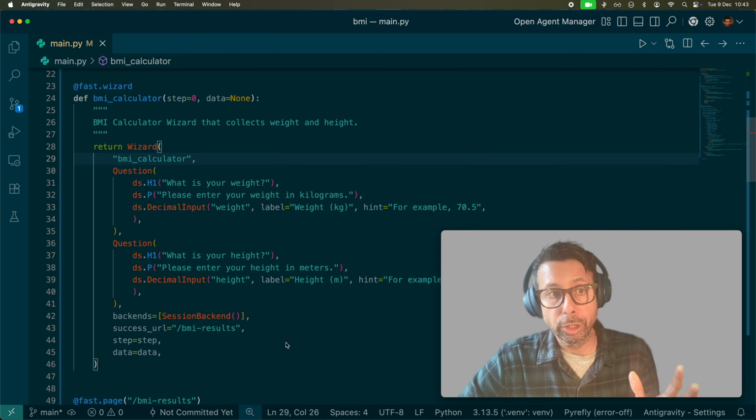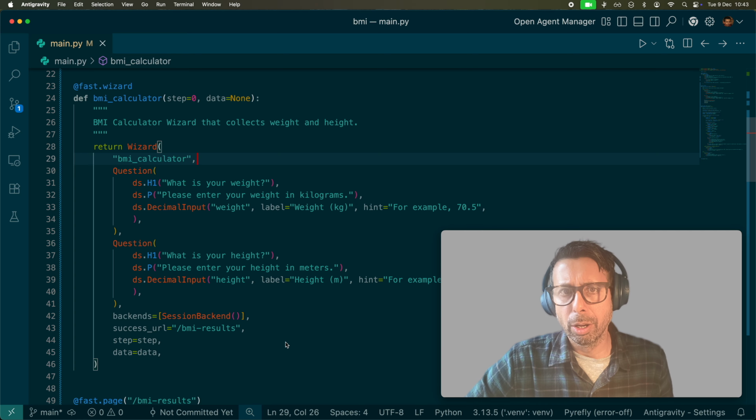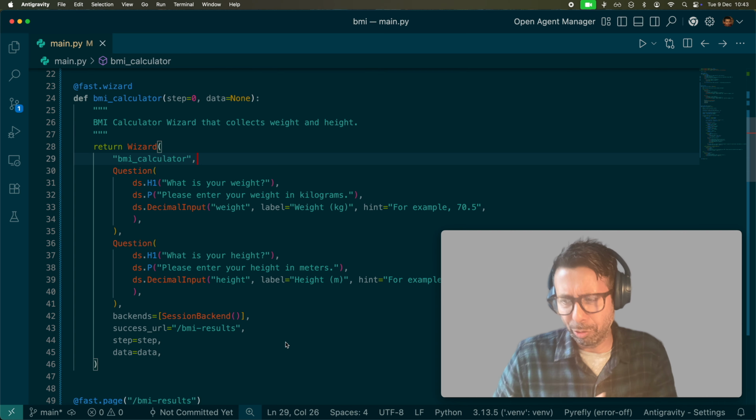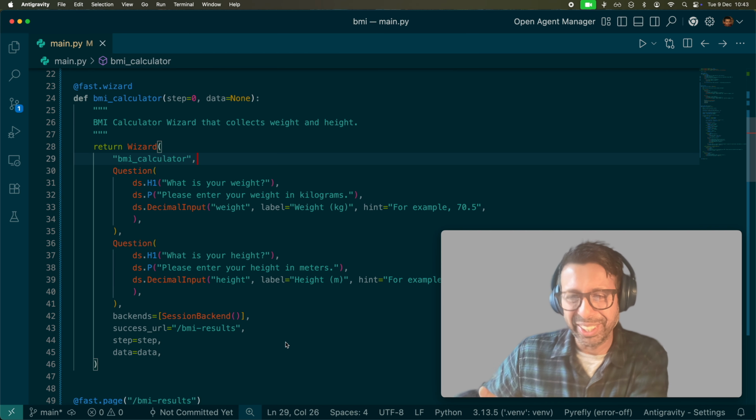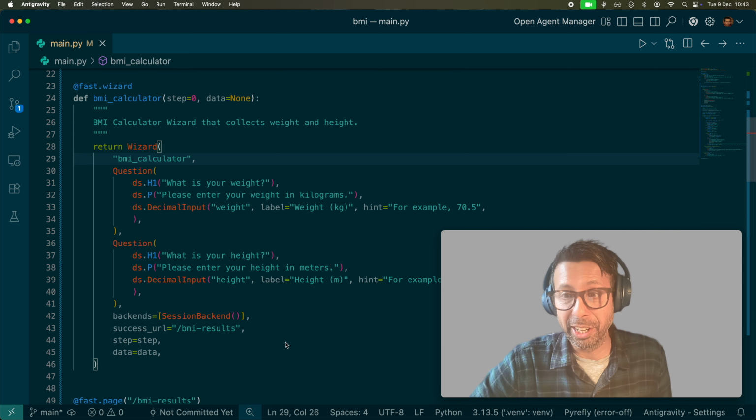Off the bat, you can note that this function is incredibly readable. The reason it's readable is because it's declarative. And the reason it's declarative is because all the imperative bits, like the heavy lifting around the state machine of like show them this form and then if it's valid show them the other form, all of that is being taken care of by the underlying framework, which is Fast-gov-uk.